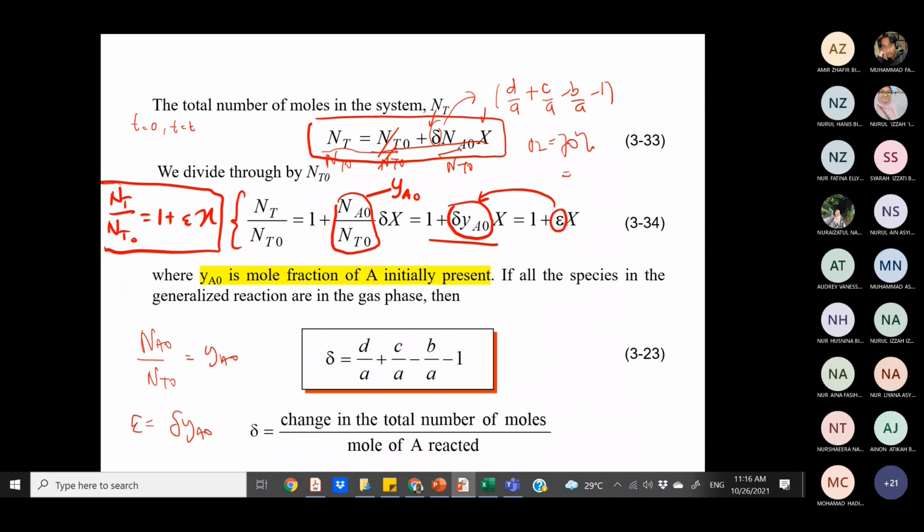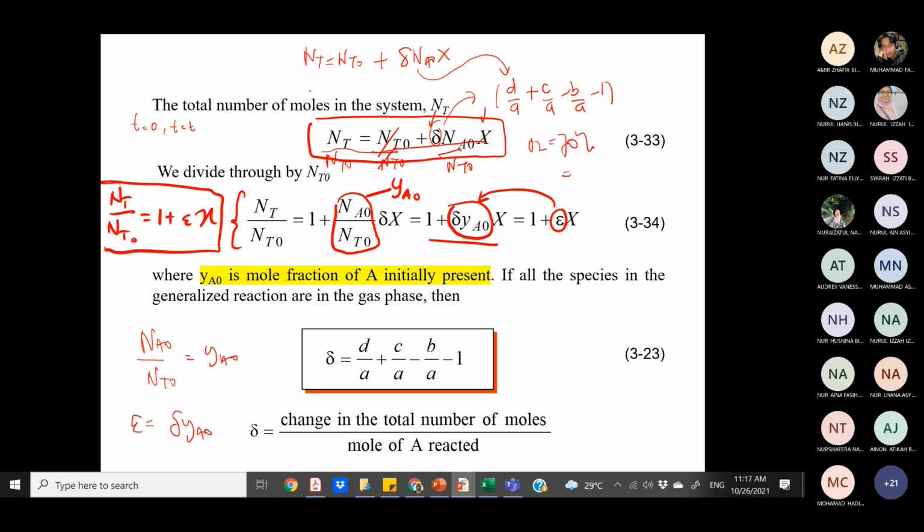Alright, okay. So daripada situ, okay, kita tengok dulu pada total number of moles. Okay, we have NT is equals to NT naught, ini macam lebih kurang macam yang Stoichiometric Table. Alright, is equal to delta NA naught X. Okay, sebab delta ni kita dah summarize sebenarnya daripada sini. Okay. So sekarang ni kita tak boleh nak tengok pada total.